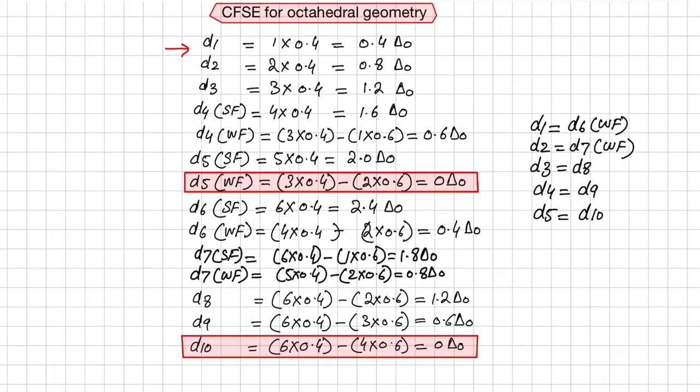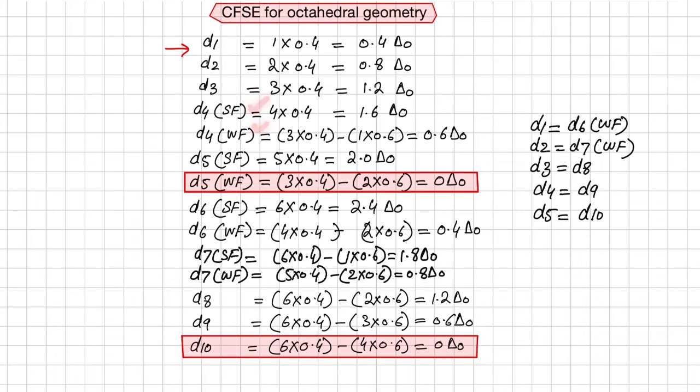Now if we summarize all the CFSE values: for the D1 system, the value of CFSE for octahedral geometry is 0.4 delta O. For the D2 system the value is 0.8, and for the D3 system the value is 1.2. As the D3 system has a greater value compared to D2 and D1, D3 complexes will be more stable than D2, and D2 complexes more stable than D1.